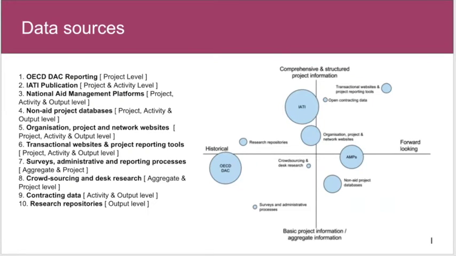So we identified 10 broad categories of source that can be found. Things like the OECD DAC reporting, backwards looking but very comprehensive data on traditional donors' aid projects.